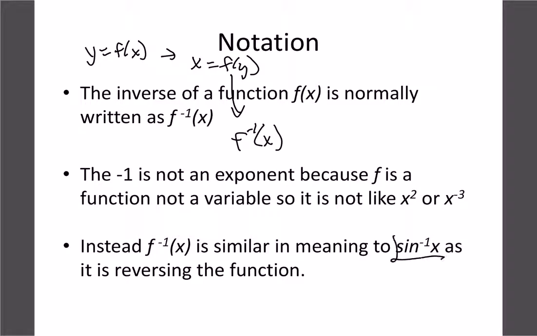It's very similar, you might remember from trigonometry, when you solve something like sine of x equals 5 over 8 on your calculator, you would type it in as sine inverse 5/8, and that would give you the x value. So the inverse function is kind of like undoing it or doing the reverse direction.